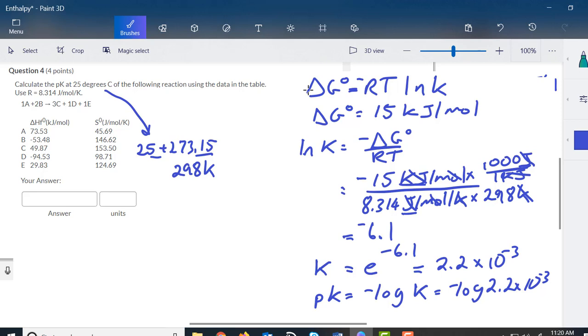And that's going to be 2.66. So that would be the final answer there. So notice the number of sig figs here. This is going to be 2 sig figs, which makes this 2 decimal places once the log is calculated.